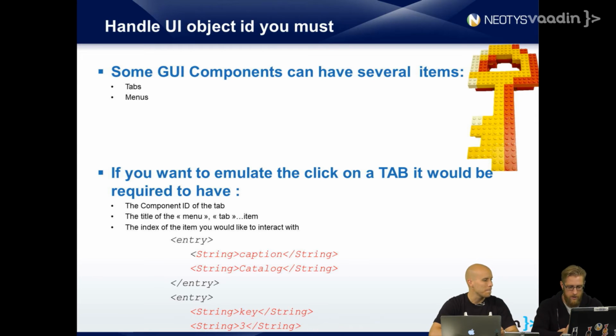Yeah, that's true. So for example, if I want to click here in my case on the catalog menu or on the catalog tab, then I need to include in my extraction logic the name of the index of the tab I'm clicking on, because what we are looking for is to extract the key number.